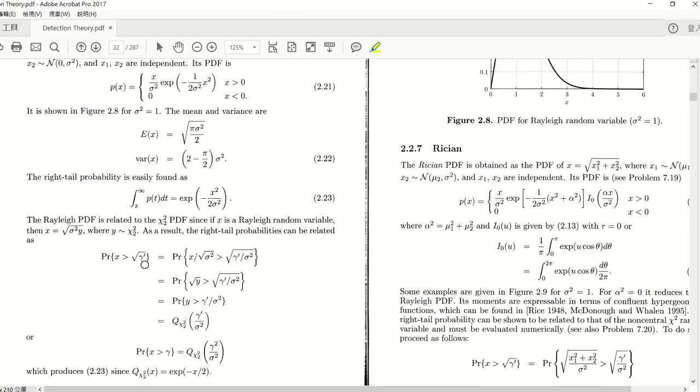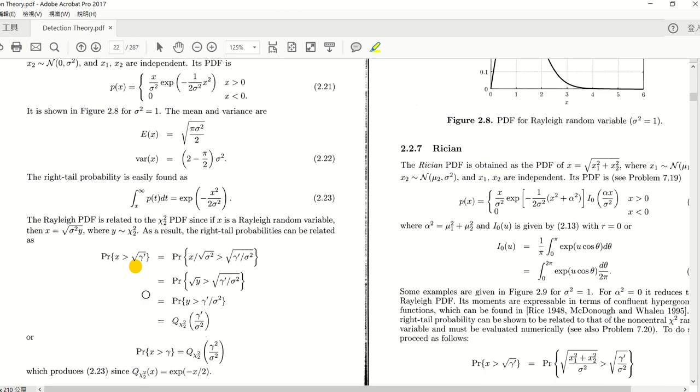Of course, on the right hand side you have to do the same thing, divided by sigma square. Then it will be the probability that the square root of y is larger than the square root of gamma prime divided by sigma square. Take the square of it, and you get y larger than gamma prime divided by sigma square.